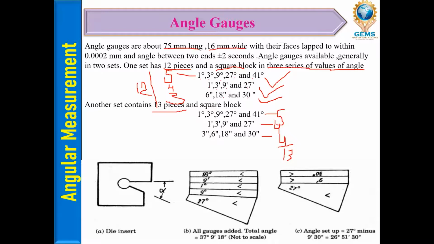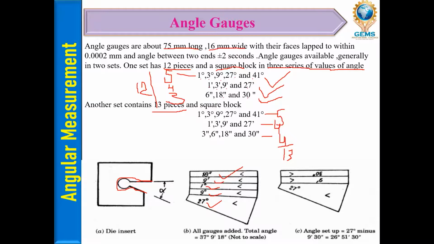If you have a die insert and want to find any angle of it, you can identify it easily by using angle gauges. If you see, when the angle gauges are added, 27 and 9 degrees and 1 degree, and 9 minutes and 18 seconds.